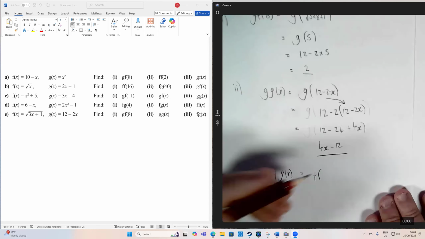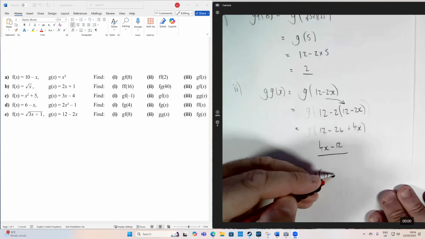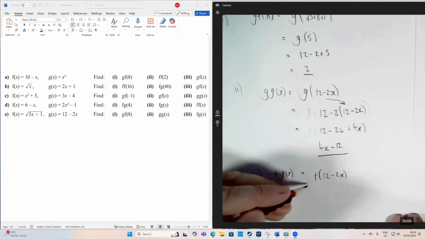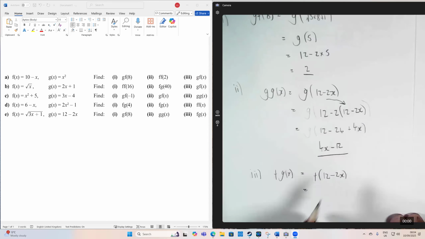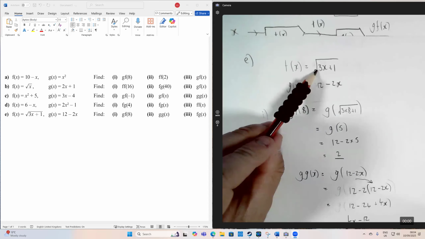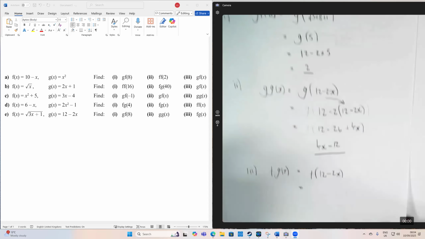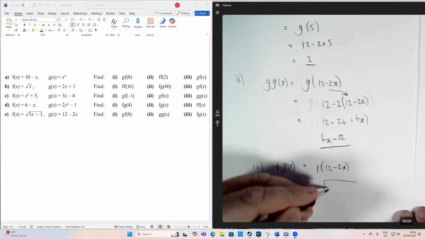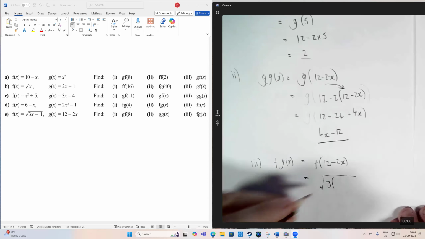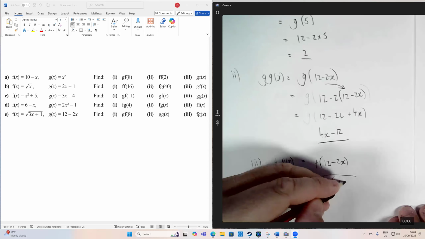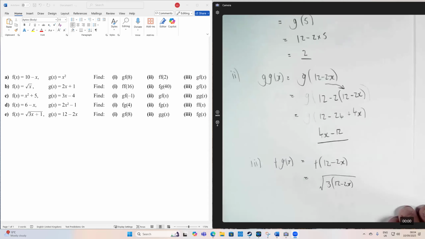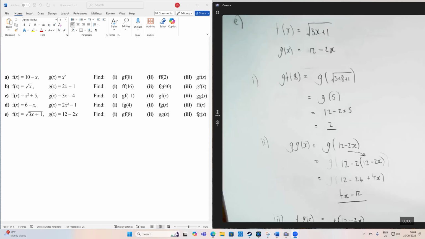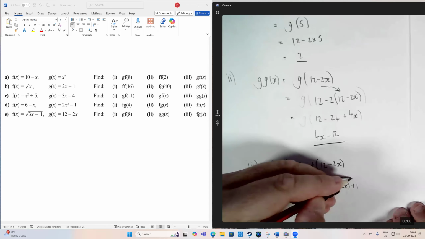So that's going in. So 12 minus 2x is going in. We've now got to work out f of that, and our f of x is the square root of 3x add 1. So we're going to have the square root of 3 times our x, which is 12 minus 2x, add 1 there on the end, like so.